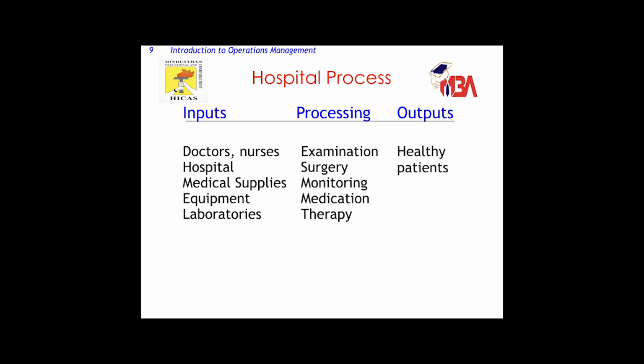The processing activities done in a hospital are examining the patient, monitoring the performance of the patient, providing medication based on his condition, whether surgery is required or not, or any therapy is required. So the doctors perform this evaluation and they decide. Depending upon the patients, the processing activity varies. At the end of the day, the patient comes out of the hospital as a healthy patient.